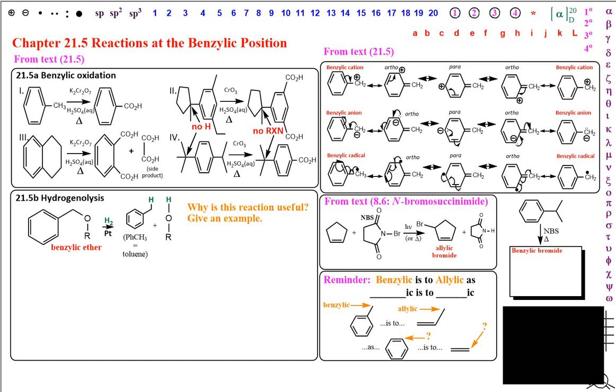Resonating further, you see that this resonance form is just the benzene resonance form of the original benzylic cation. Similar stories exist for the stabilization of the benzylic anion, giving ortho, para, and ortho anions, and benzylic radicals, giving ortho, para, and ortho radicals in the resonance forms.